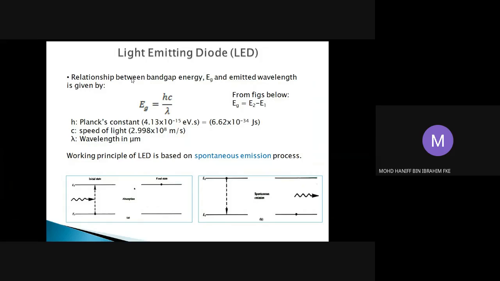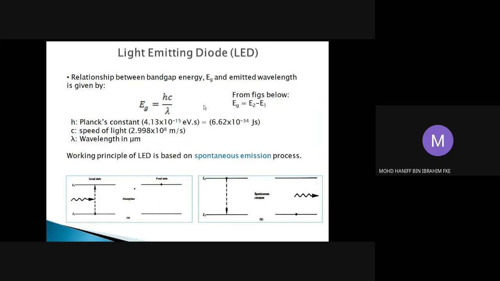So basically, from this equation, if we know the band gap energy of a semiconductor material, we shall know the lambda produced by this material. I repeat, band gap energy is a specific value for a semiconductor material.